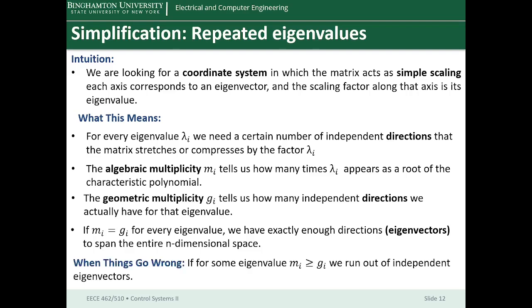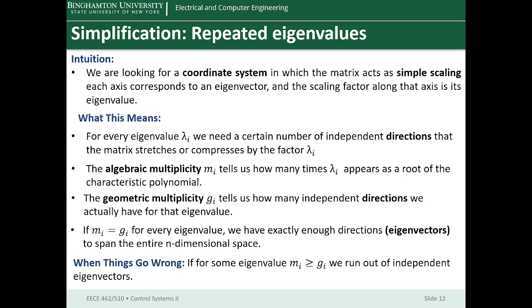But the real challenge begins when the algebraic multiplicity is greater than the geometric multiplicity. That means we don't have enough independent vectors to cover all the directions we need. In other words, we are missing some dimensions in our coordinate system.